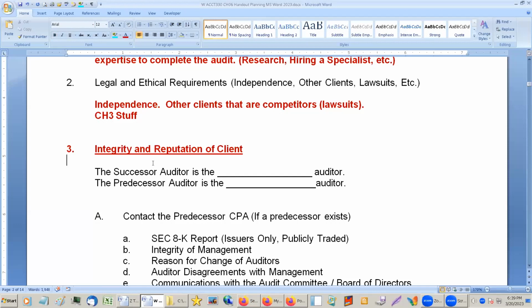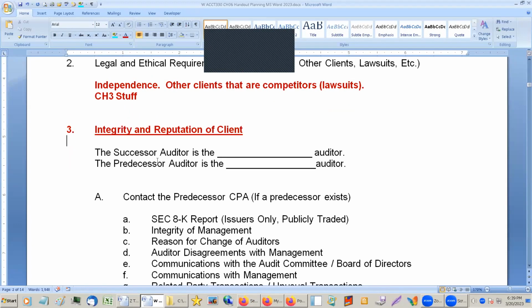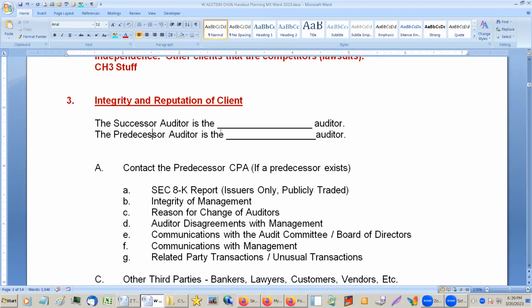Okay, now we've got to keep a few things straight here, and that is the successor auditor. If there was an auditor in the past and you're a new auditor, the successor auditor is the new auditor. The predecessor is the old auditor.